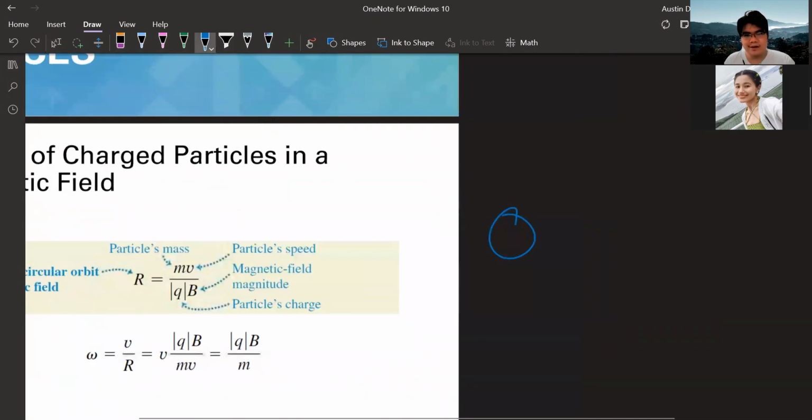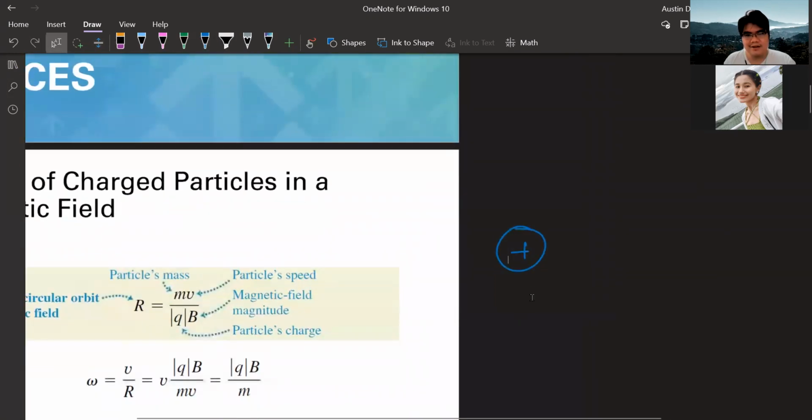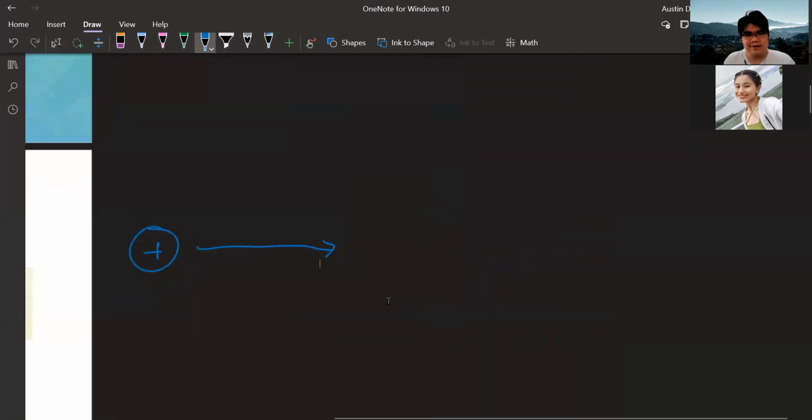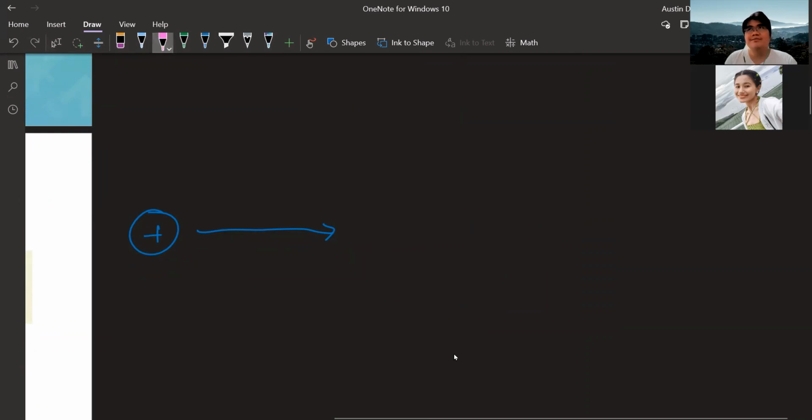Kunwari meron kang isang charge, positive charge, and then it moves along somewhere here. Okay? So yan, pag ganyan yung motion ng charge mo. Then suddenly, may bumukas na magnetic field pointing towards the page.